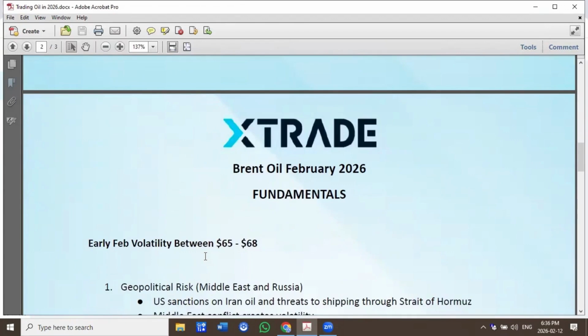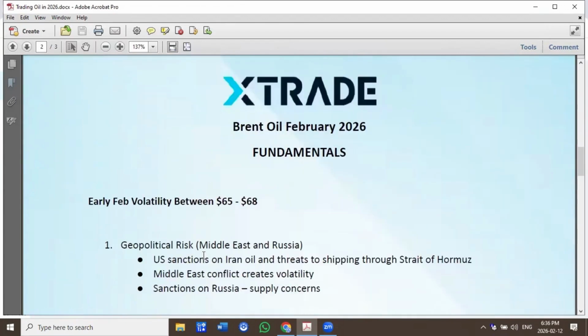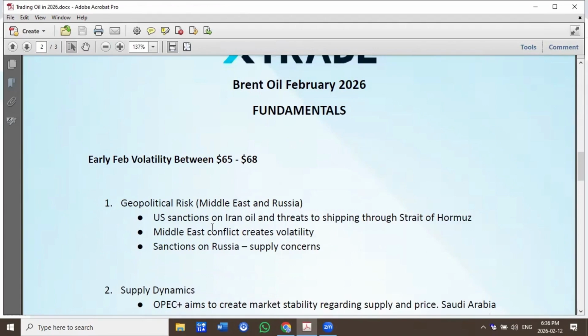The fundamentals, which, as you know, move the market, as we stand now in February, the range pretty much between 65 and 68. Maybe it's moved a little bit higher over the past couple of days or weeks, maybe between 67 and 69, close to 70. That's where we're sitting. What are the fundamentals affecting the price?